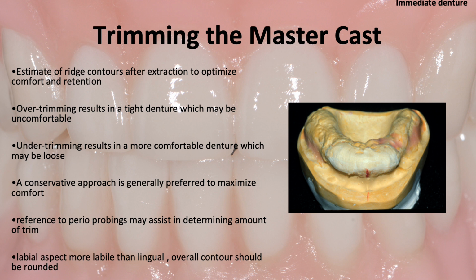A critical part of arranging teeth for immediate denture is modifying the cast. And in the end, we want to really produce a cast that is going to be the closest to the mouth after the surgery, especially on the day of the surgery, because there will be some alveoloplasty done and potentially some soft tissue removal too, if there's excessive soft tissue.